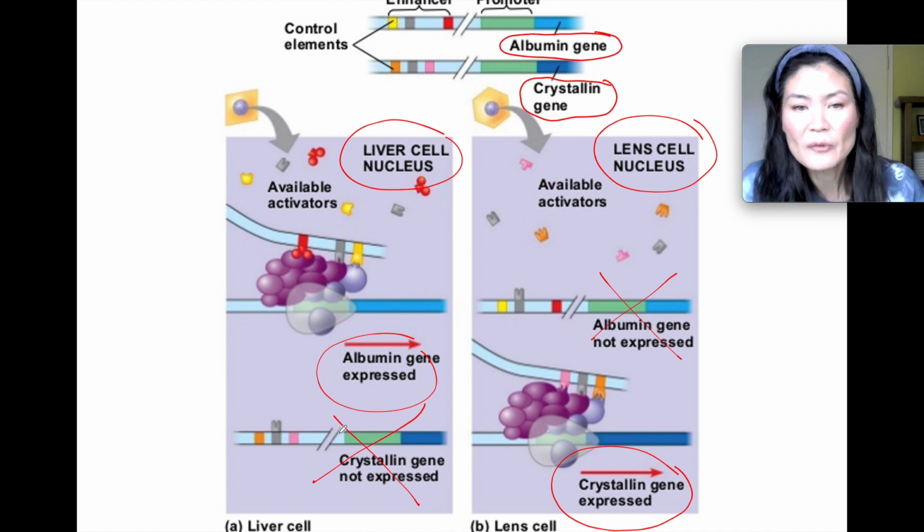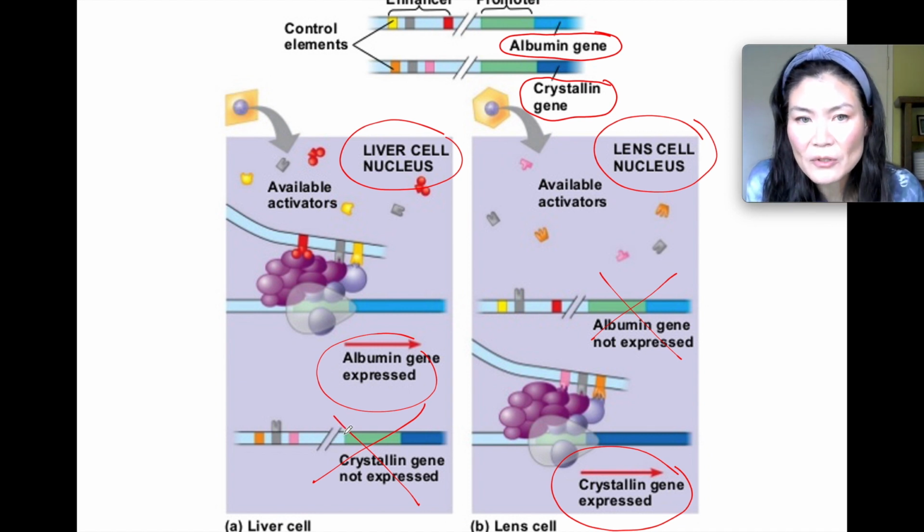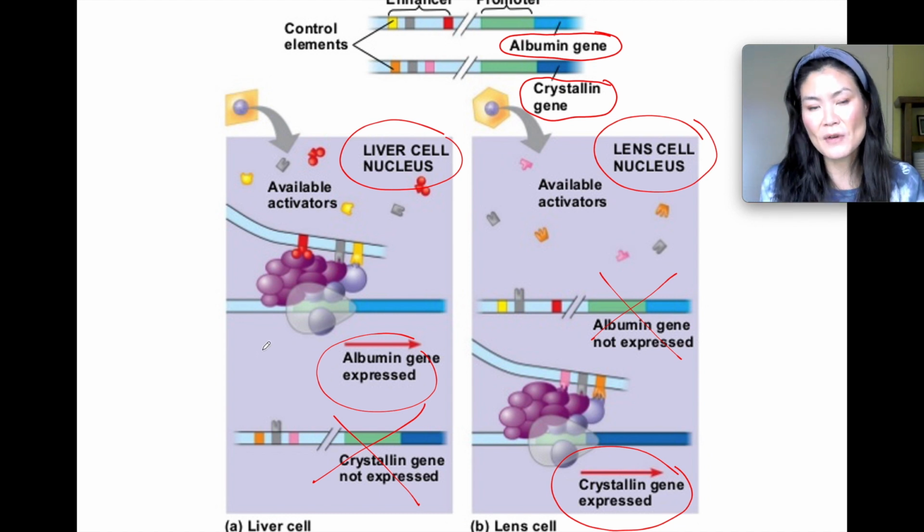And so remember at the beginning of this chapter, the beginning of this video, I was saying that the question that we're trying to answer is how do cells become differentiated? It depends on which proteins are being expressed. In a liver cell, only liver proteins are going to be made. And in the lens cell, only lens proteins are going to be expressed. And it has to do with what activators are available, okay?